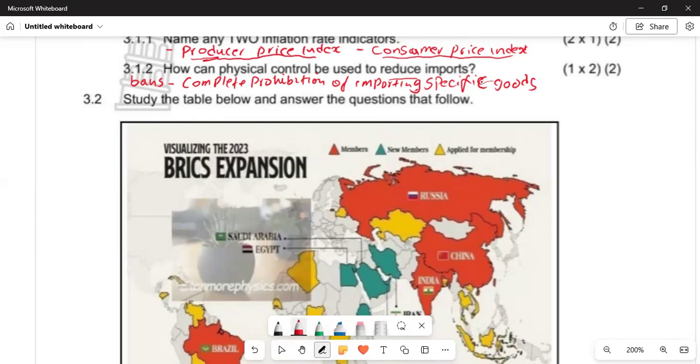So we are saying that this is a complete prohibition of importing specific goods, for example, the import of chicken from countries affected by bird flu. So you see, that is that.